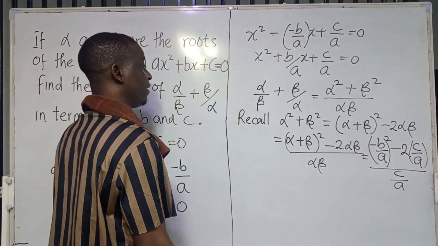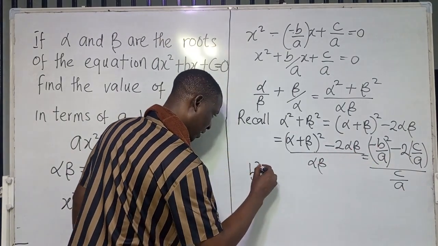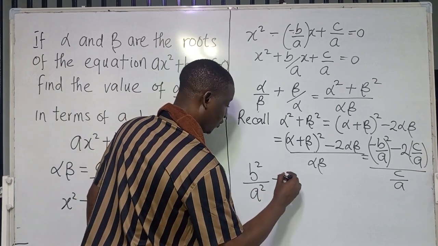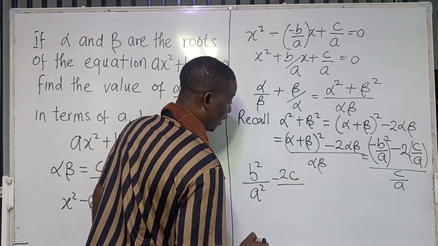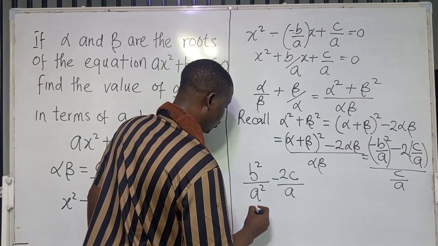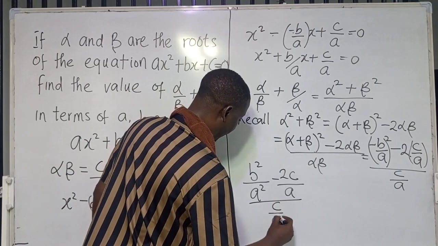Now if you do that effectively, this gives us b squared over a squared, minus 2c over a at the numerator, then divided by c over a.